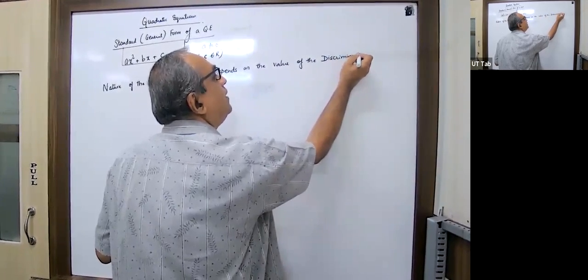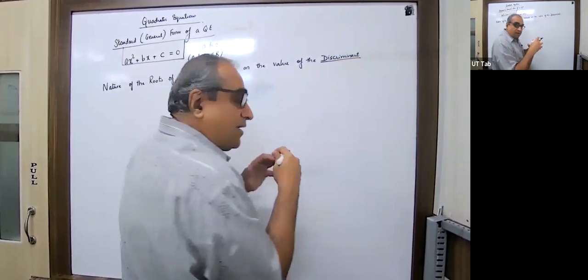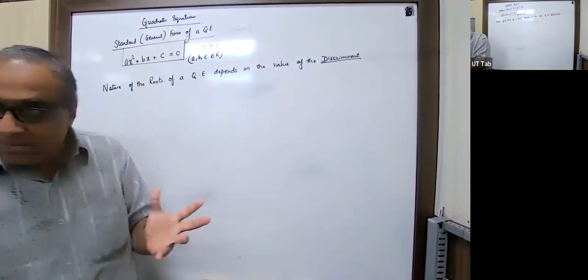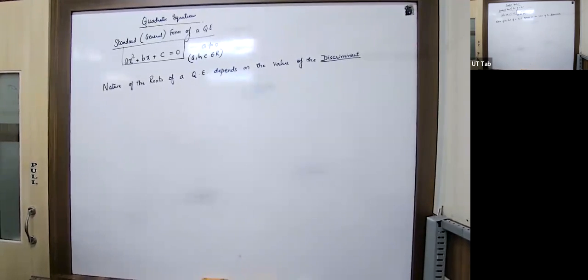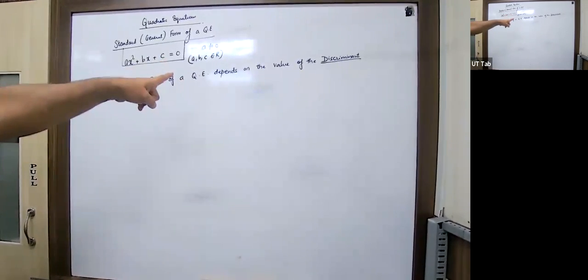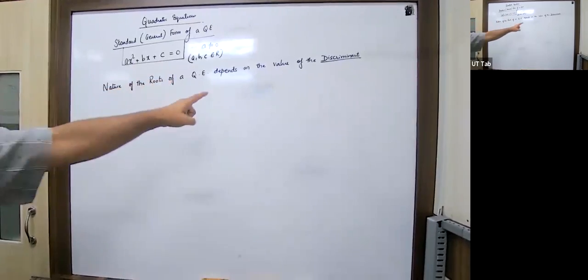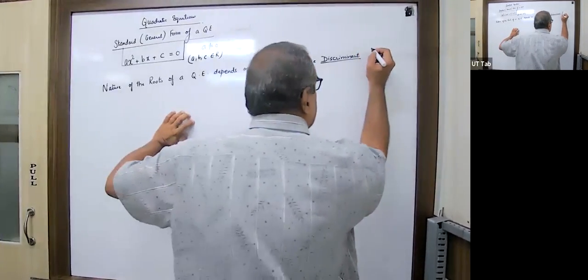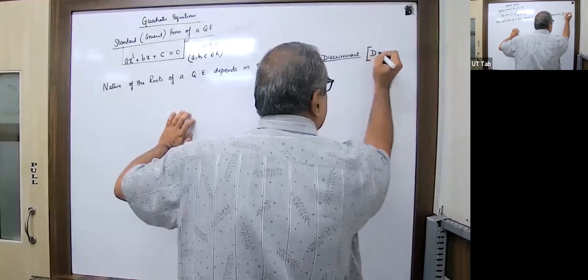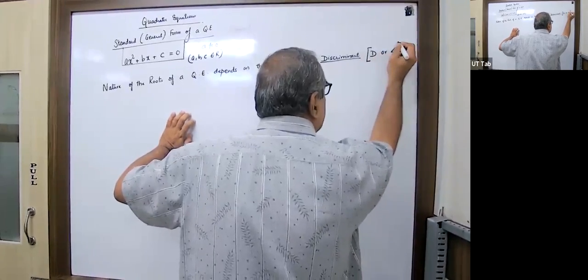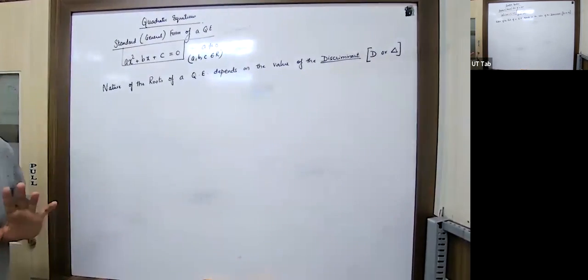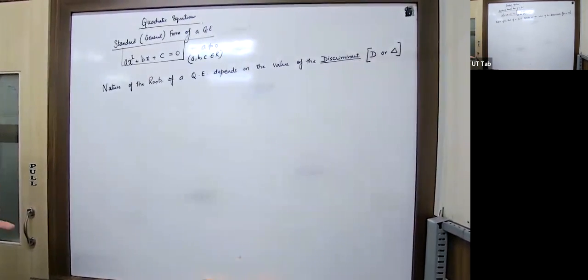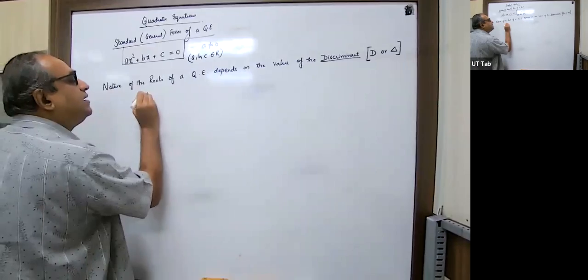English में discriminate का meaning तो मालूम है, something that separates you, discriminates you from another person. So it depends on the value of discriminant, sometimes denoted by either a capital D, or sometimes you will also find it using this delta. इसको discriminant बोलते हैं. अब discriminant होता क्या है?